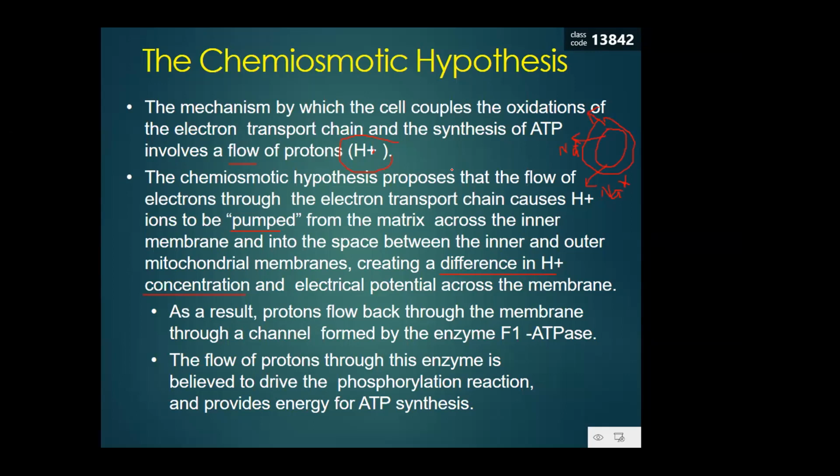That flow in the cristae and mitochondria produces an electric potential or electricity. So nagpo-produce siya ng electricity. Yung protons natin or H+, nagpo-flow siya through the membrane, of course, with the help of an enzyme, ito yun, F1 ATP synthase.